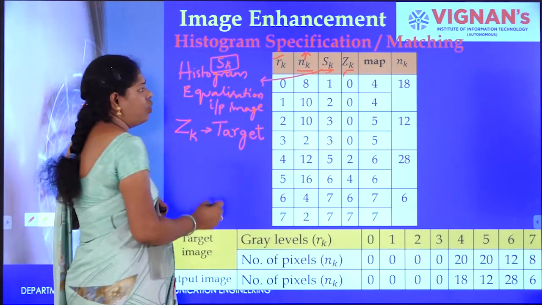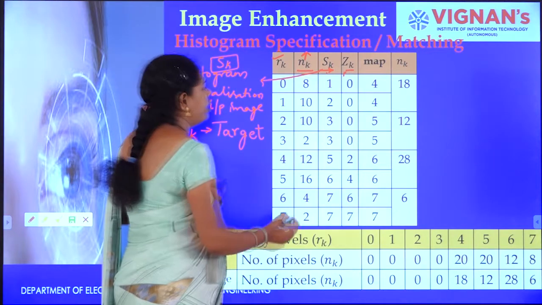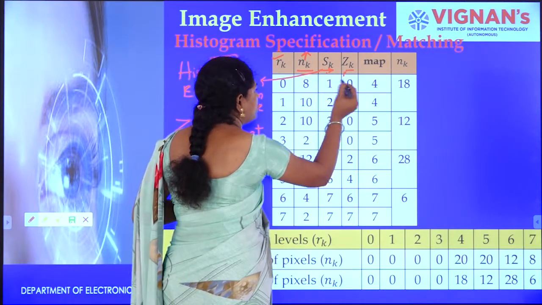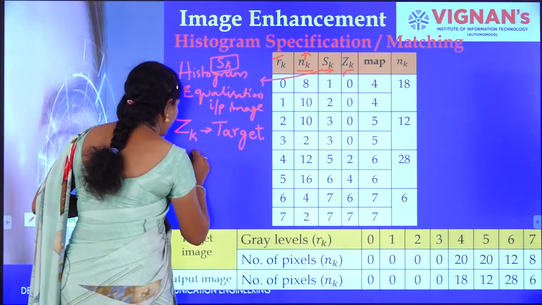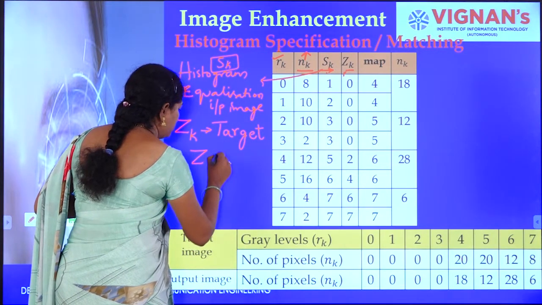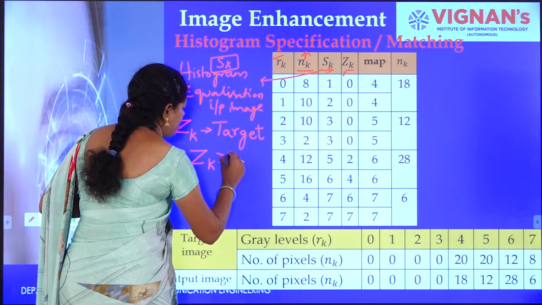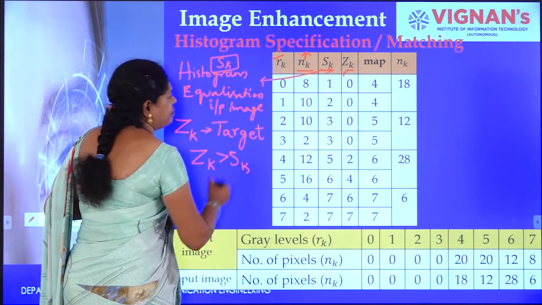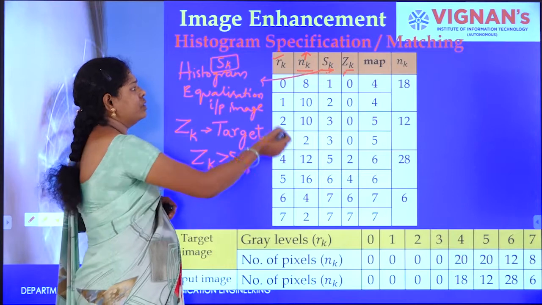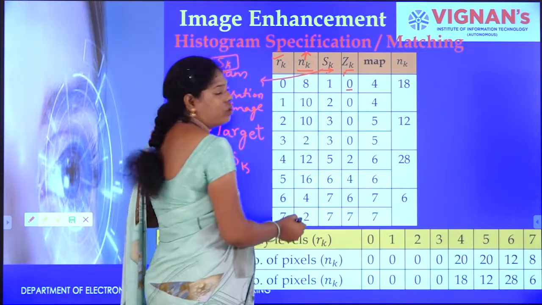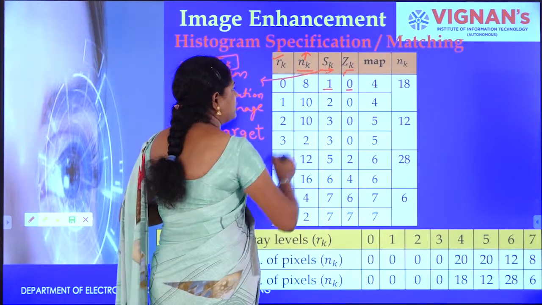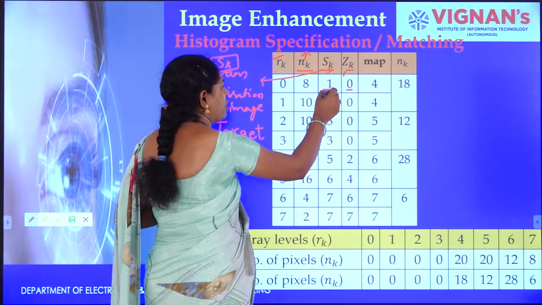Now see how we go for mapping. For mapping we compare SK with ZK, and ZK should be greater than SK. Then we go for the corresponding value. Here ZK is 0 and SK is 1, so it is not mapping.